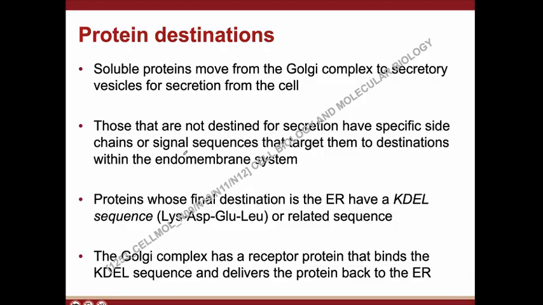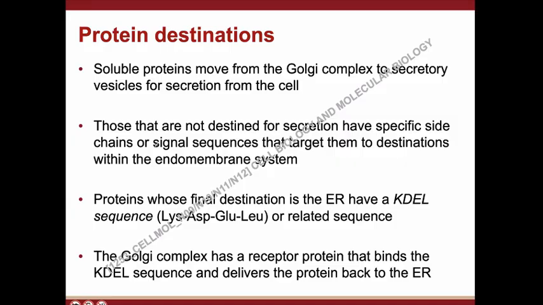Those that are not destined for secretion have specific side chains or signal sequences that tag them, that target them to destinations within the endomembrane system. So iba, di ba, yung mechanism for soluble proteins for secretion as compared to non-secretion. So like we mentioned, different signaling mechanisms will be used for proteins that have a different destination.